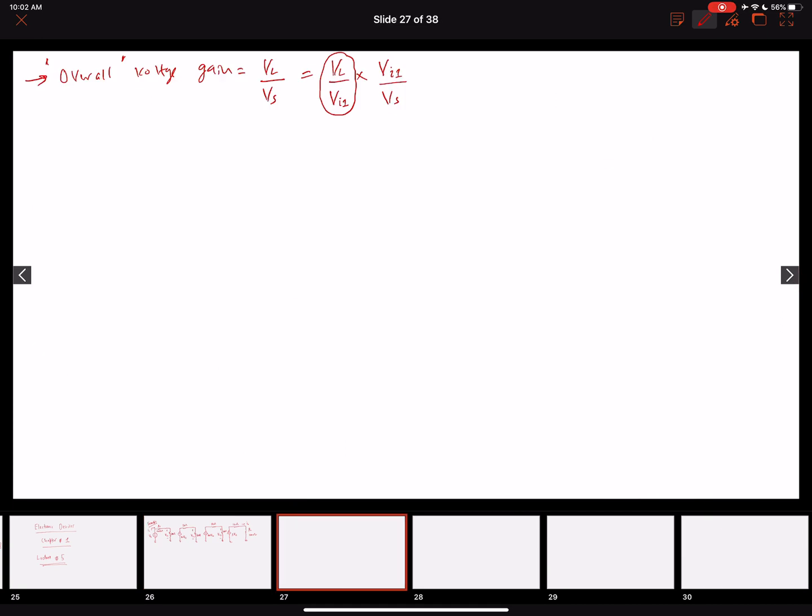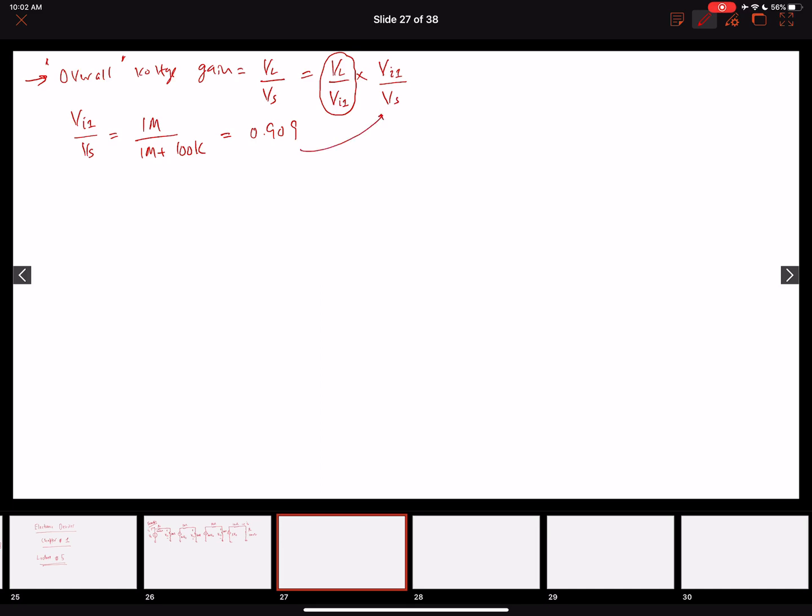In order to find the value of VI1 over VS, I apply a voltage divider rule, and we get 1 mega ohm over 1 mega ohm plus 100K. The answer will come out to be 0.909 when you solve it. So you can replace the two values here.